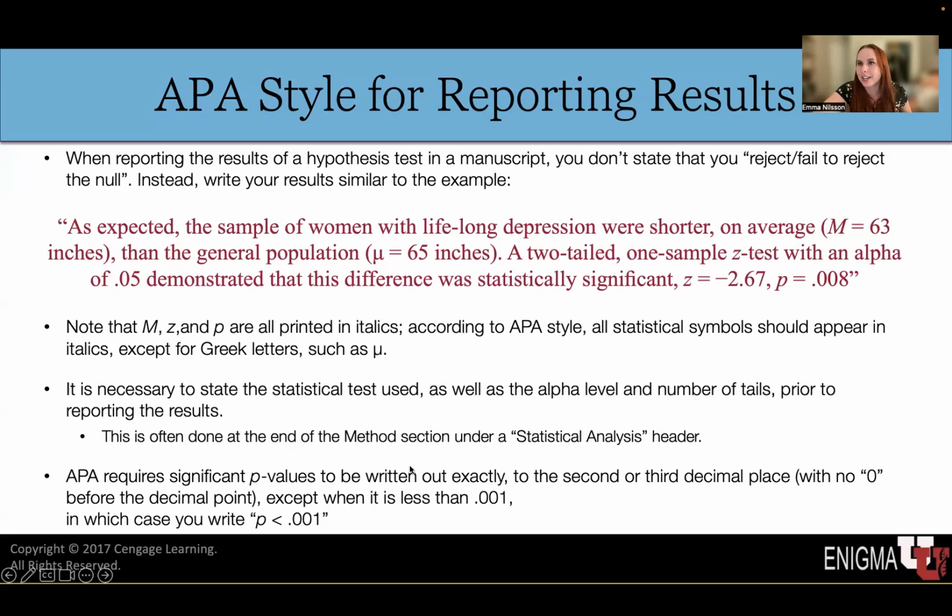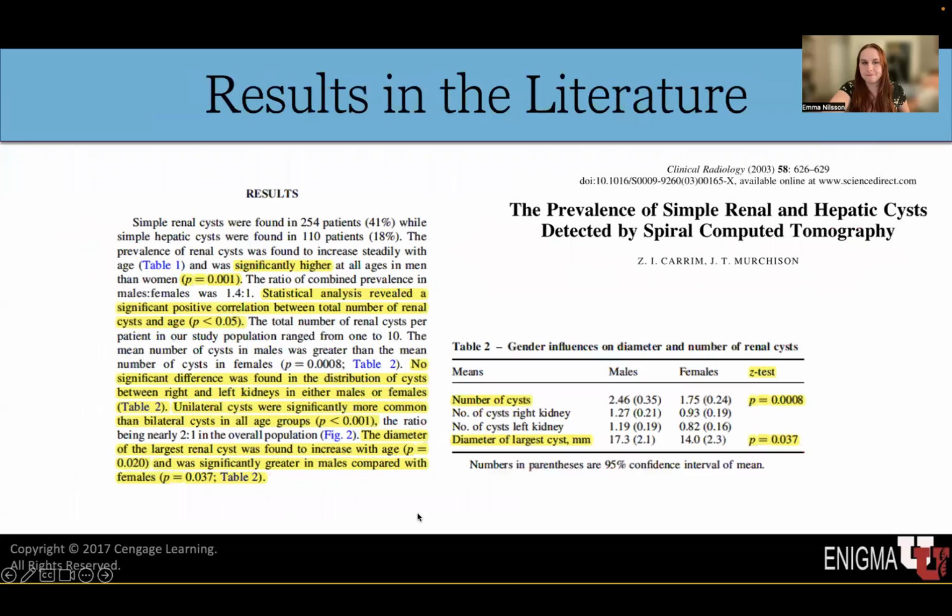Sometimes you'll have a specific section in your methods for statistical analysis. Usually you will, actually. And APA requires that significant p-values be written out exactly to the second or third decimal place with no zero before the decimal point. So just like this, .008, not just p is less than .05. But when it is less than .001, just write p is less than .001.